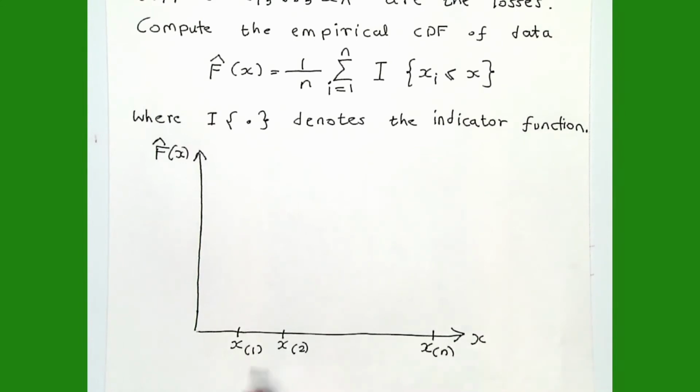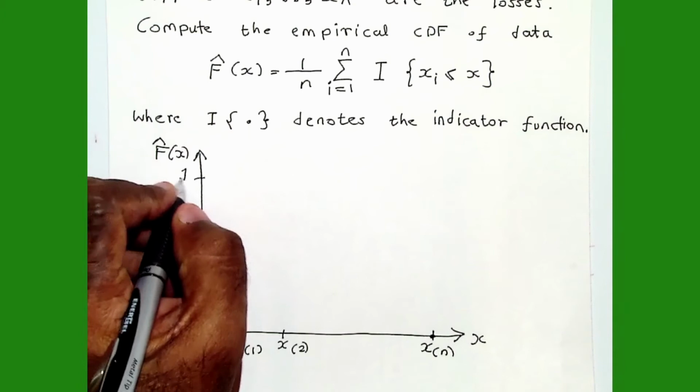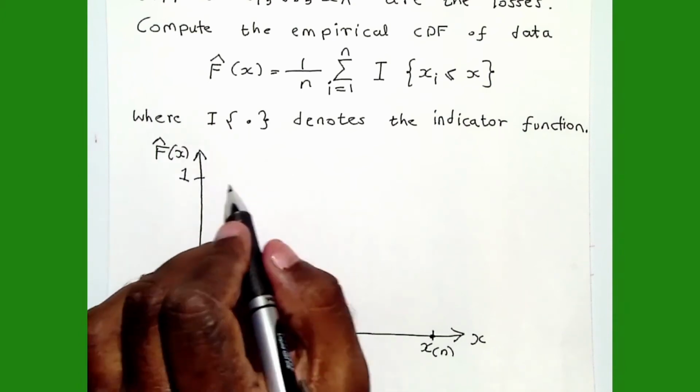Suppose this is the smallest data point, this is the second smallest, and this is the largest. The graph, if I use a red color, will start at 0 and end at 1.